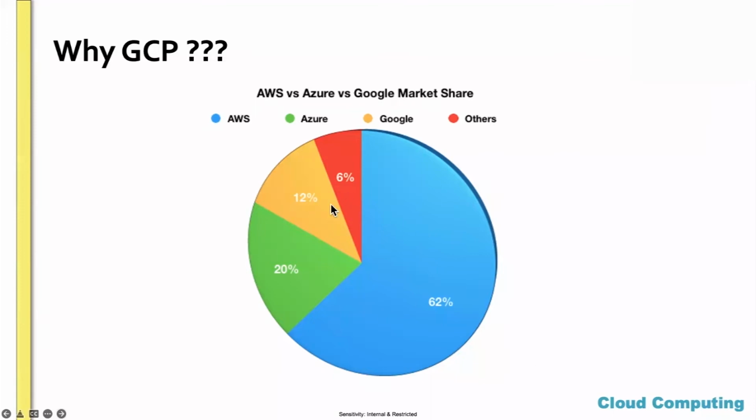Because Google Cloud and Oracle Cloud, these two clouds are the fastest growing in the industry. Many companies are opting for them, and the number of engineers who know Google Cloud is relatively less compared to Azure and AWS.